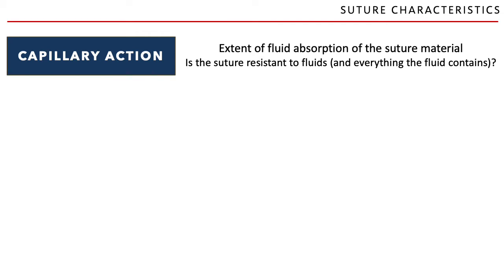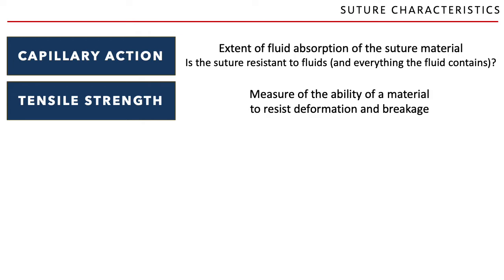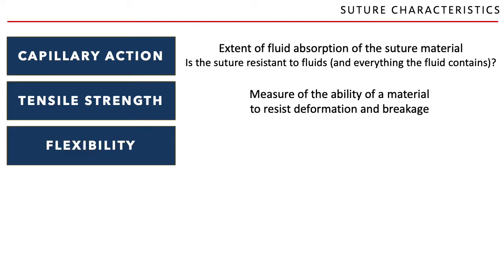So the other suture characteristics would be capillary action. This is the extent of fluid absorption of the suture material, okay? This is a question of whether the suture is resistant to fluids and everything the fluid contains. Tensile strength would be the measure of the ability of a material to resist deformation and breakage.